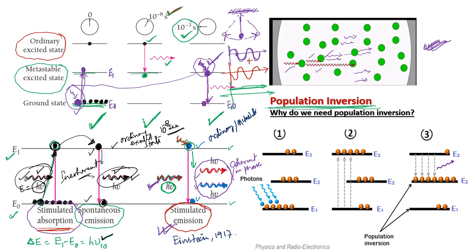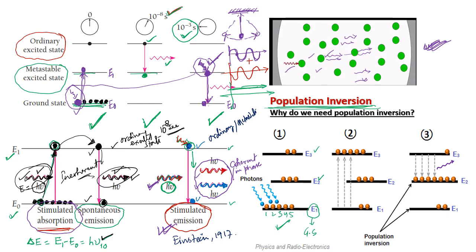So if I suppose that this system is in thermal equilibrium, we have a larger number of atoms, 1 2 3 4 5, in the ground state, say this is E1. So when the system is in thermal equilibrium, there will be more atoms in the ground state with respect to any excited state, E2 or E3.